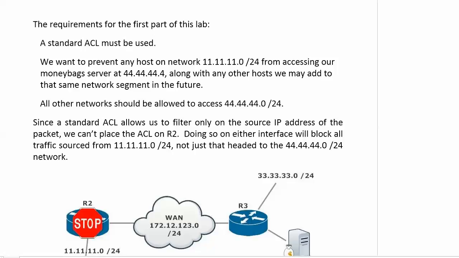Because some people would look at this question and say, oh, okay, we're blocking access to 44.44.44.4, so when I write the extended ACL, I'll use that host address. Well, that's not what we want to do here. We want to block access to that entire network 44, because the question is clearly saying along with any other host we may add in the future.